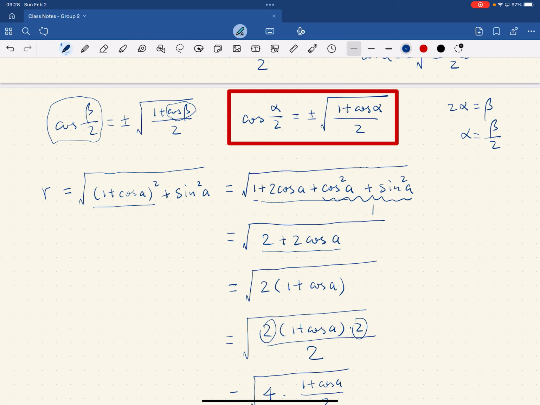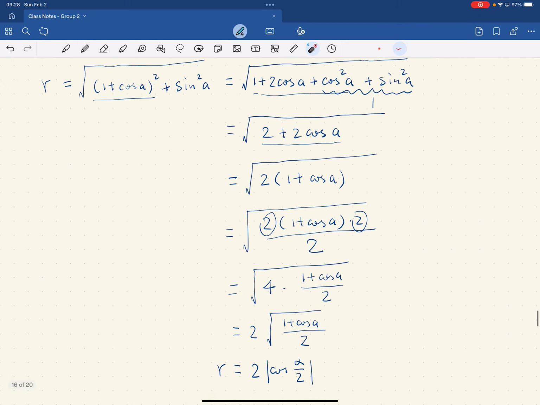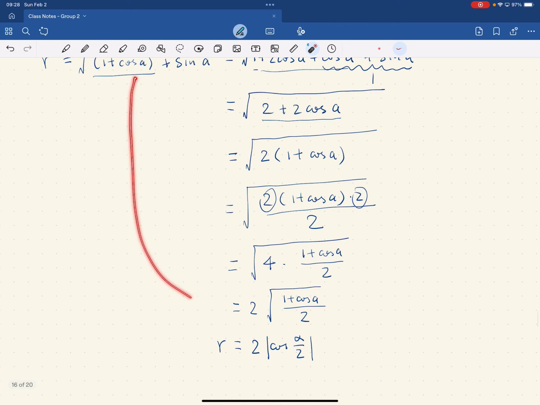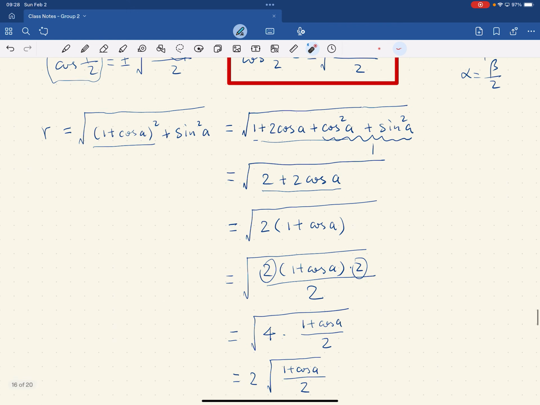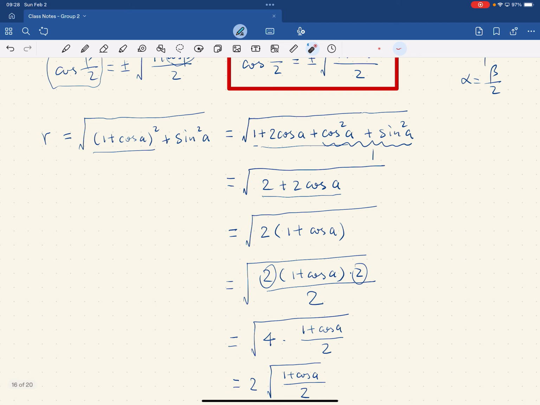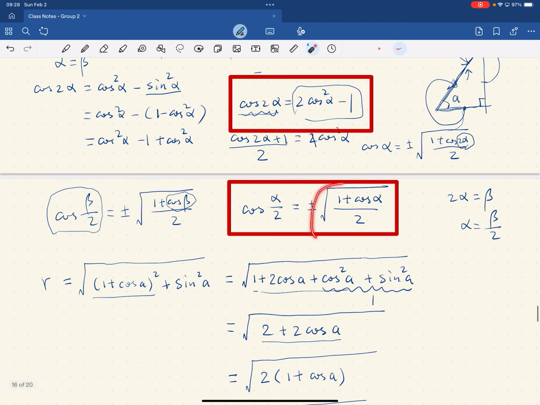So the challenge is that when you have something like this and you just make changes to it all the way to here, the one thing that is challenging is to relate this to that, right? Because they don't really look that similar when you first see it. It's got 1 plus cosine alpha divided by 2, but that's a constant, right? We can always play with a constant.